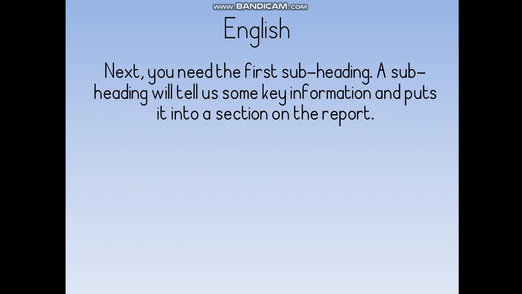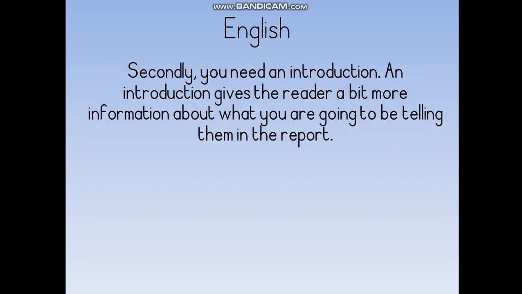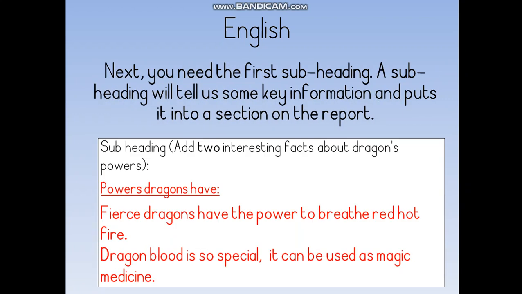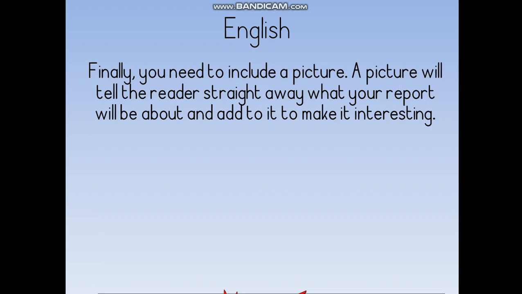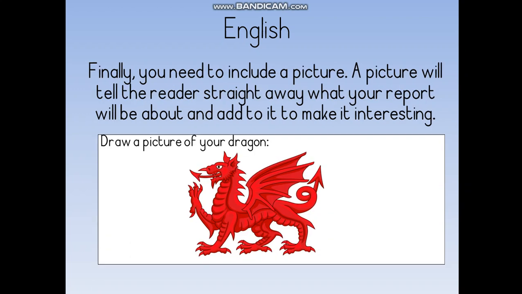So that is 1, 2, 3, 4, 5 parts to your report. Now on the template that you've got, it is divided into 5 sections, and on the lines on your sheet you can write really neatly the information, the facts that need to be included. You can use this PowerPoint to help you as you go along on each one, so you can pause it at the different spots.